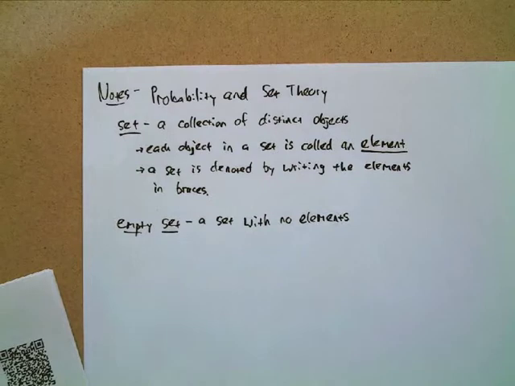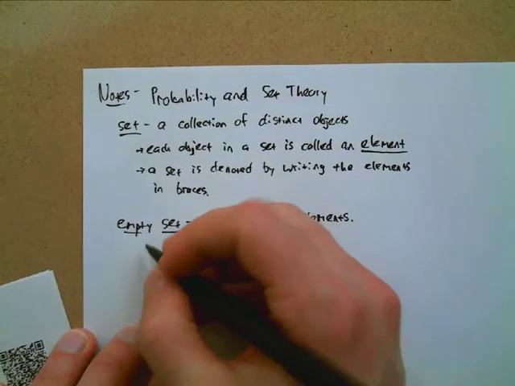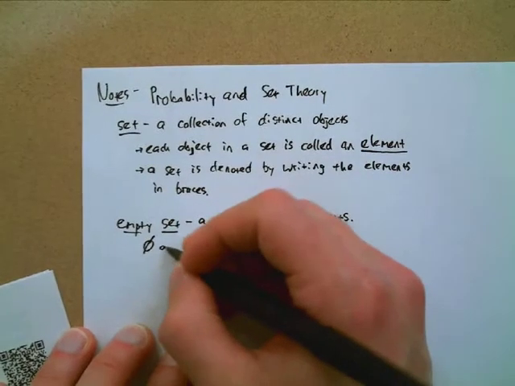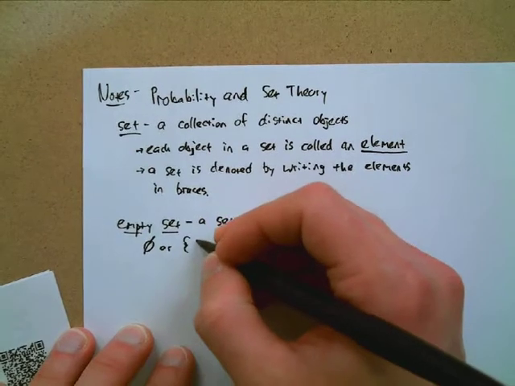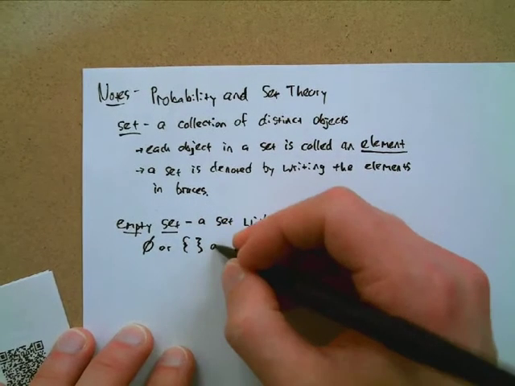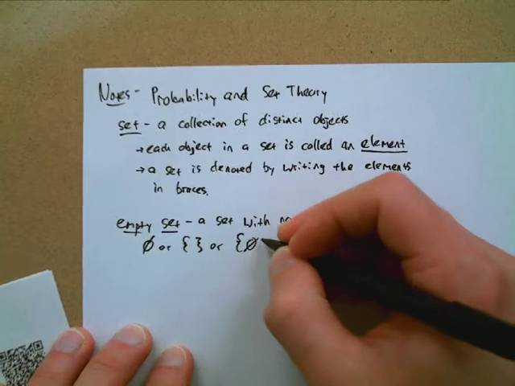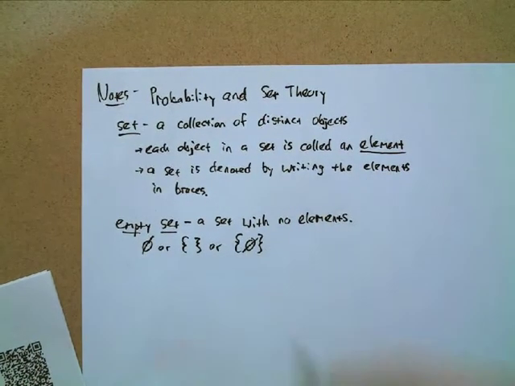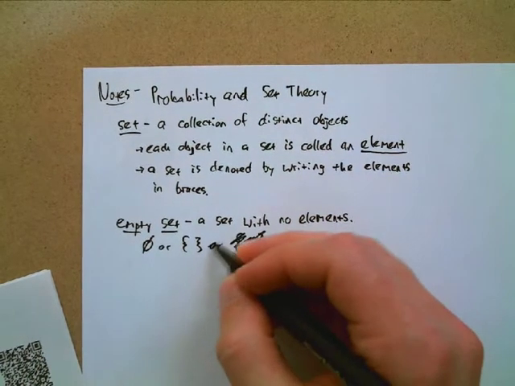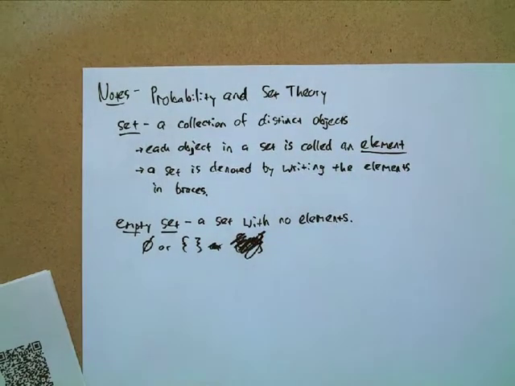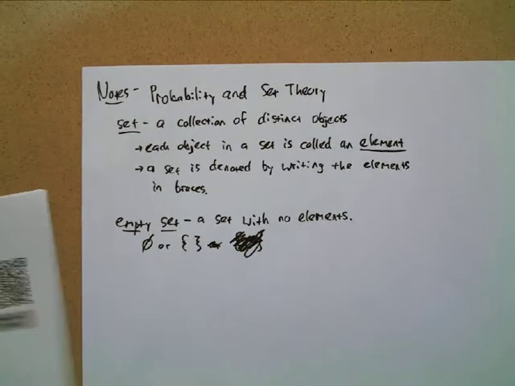That's denoted like this, or it could be denoted like this. I'm not going to write the other one, in case I might be saying that's like the set of the empty set. So we'll just say the empty set is this 0 with a slash through it, or just a pair of braces with nothing in it. I know it sounds silly, and it probably sounds silly that we have to even name such a thing, but it is.